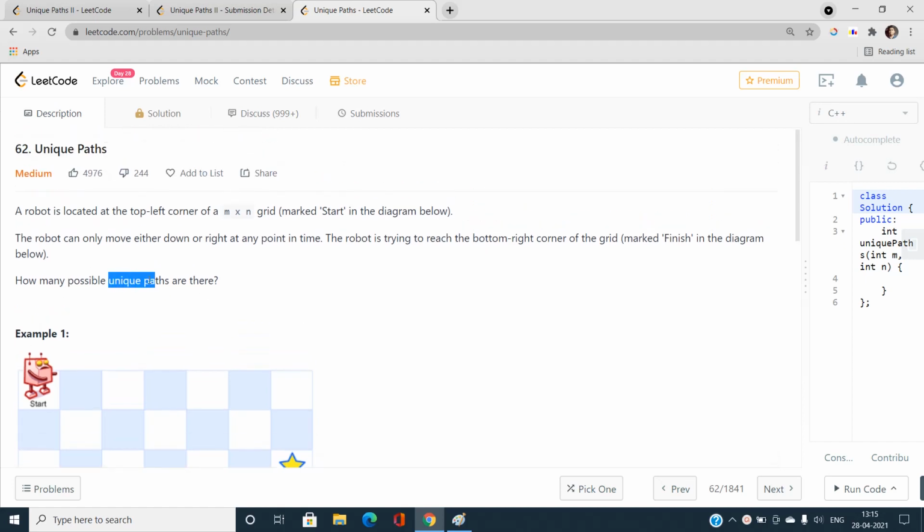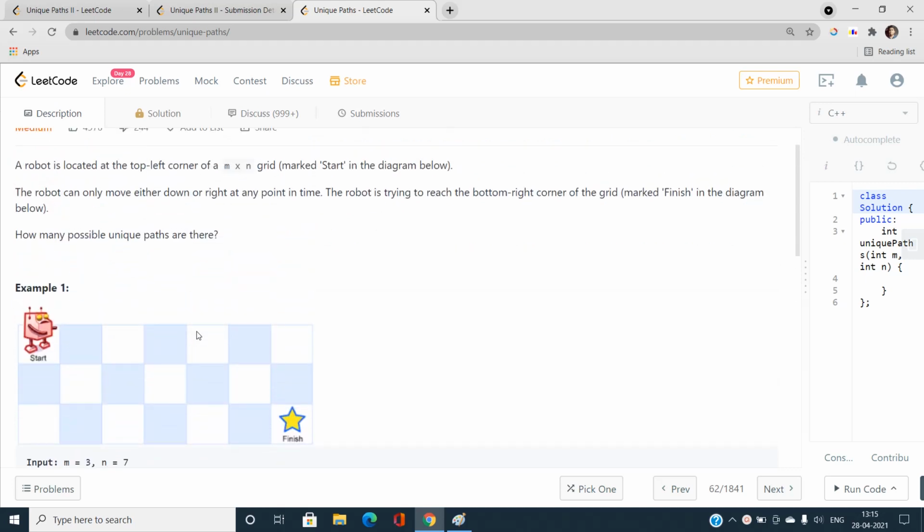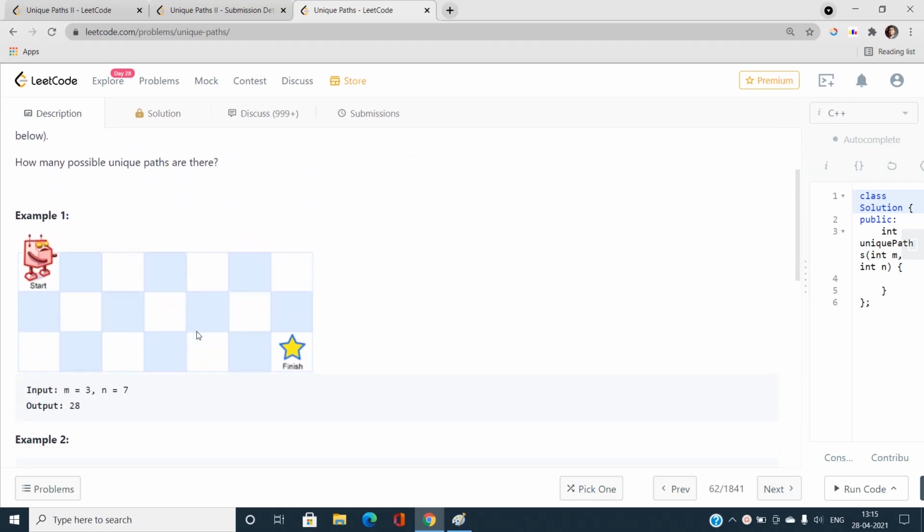But there are no obstacles placed there. So you can easily find it with the help of dynamic programming, and there is not much confusion in doing that. Now what about when I place obstacles in this, like in this problem?